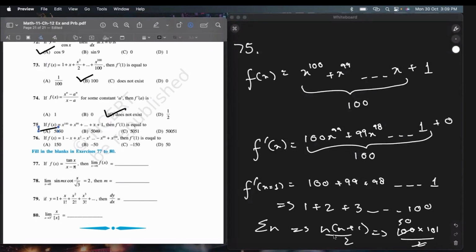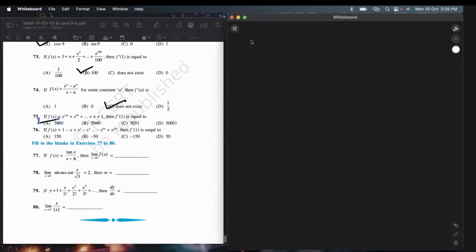Now moving on to the next question, question number 76. The same kind of problem is there, and they have given me 101 terms. Let me just write them down for you: 1 minus x plus x square minus x cube, and it goes on till x raised to the power of 100. So these are 101 terms.